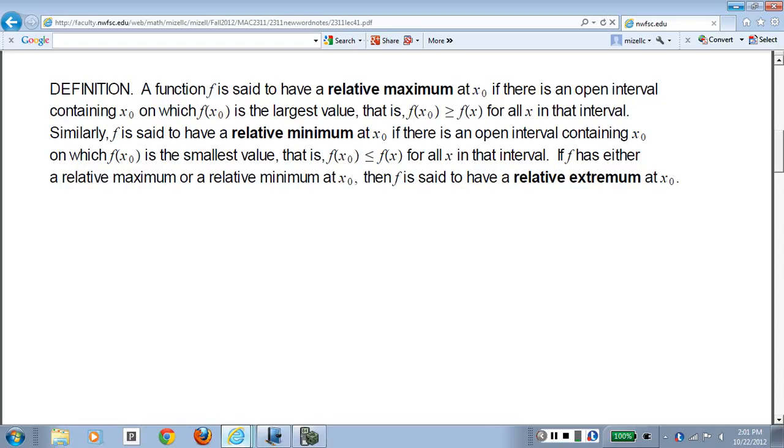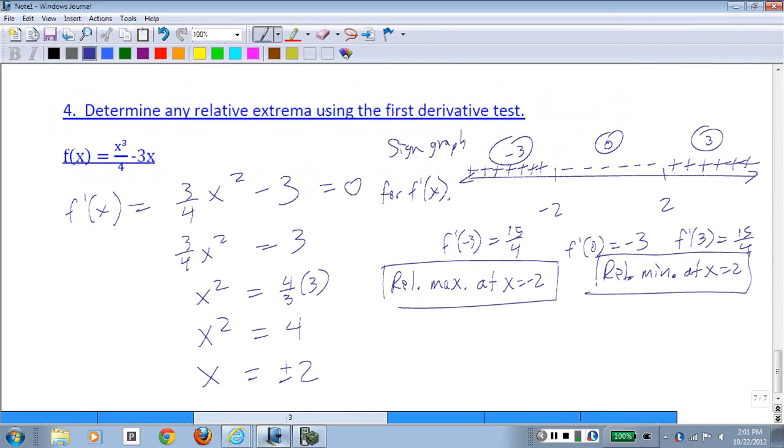We haven't been doing that in any of these examples, and so I'm not going to do it here or ask you to do it on the test, simply to say it has one there, and not take the time to substitute the -2 for x in the original function, or the +2 for x. We do that when looking for an absolute maximum or an absolute minimum, not as crucial for a relative maximum or relative minimum.